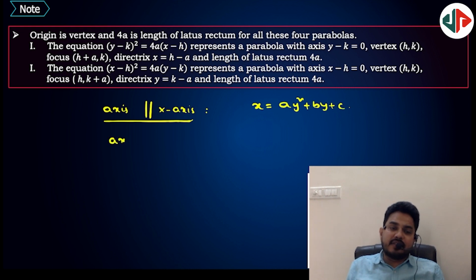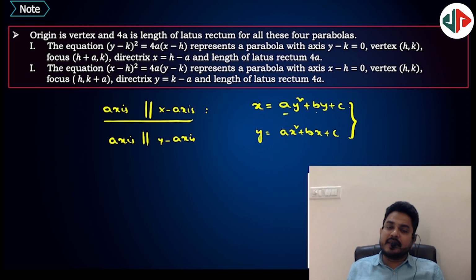If the axis is parallel to the y-axis, the parabola is going to be y is equal to ax square plus bx plus c. So a, b, c, three unknowns are there. To derive the parabola, we generally require three conditions.